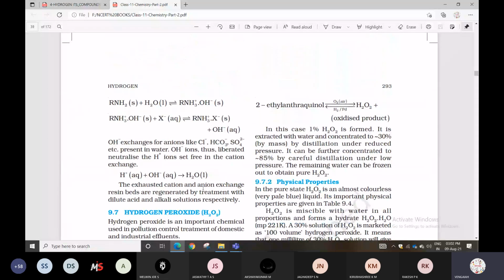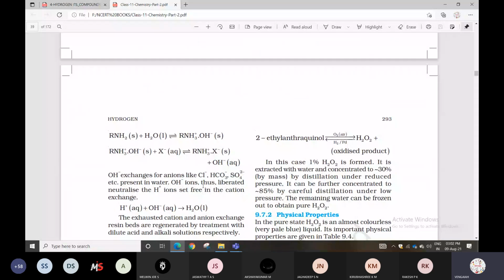OH minus ions thus liberated neutralize the H plus ions. So you can use cation exchange and anion exchange to remove unnecessary cations and anions. In the cation exchange you use H plus ions, in the anion exchange you use OH minus ions.